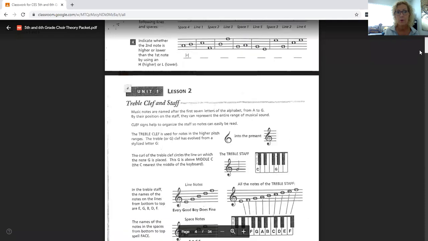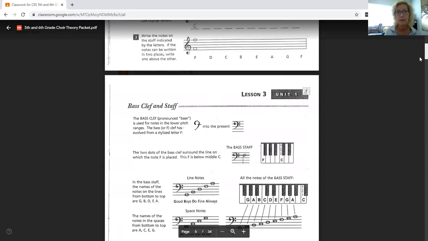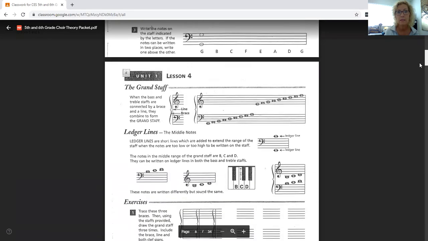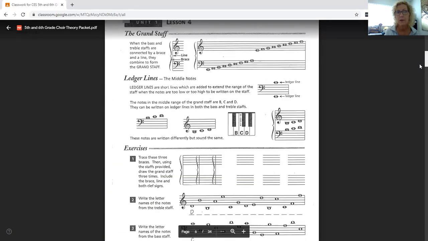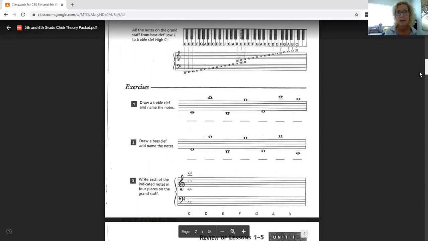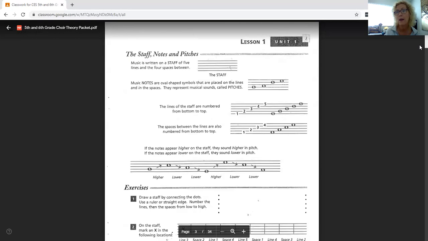And then treble clef and staff, lesson 2. Bass clef and staff, lesson 3. And then lesson 4, the grand staff. The final part of the lesson will be ledger lines, and that will be coming in at a later date. Okay, so today we'll just do 1 through 4 and then the cover page. All right, guys, let's get started.